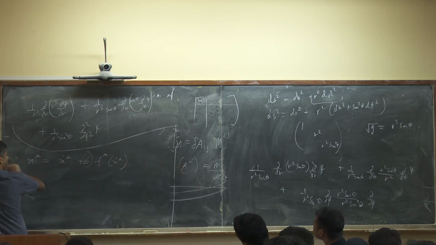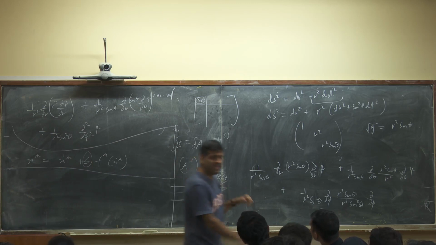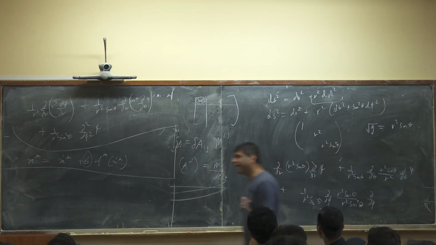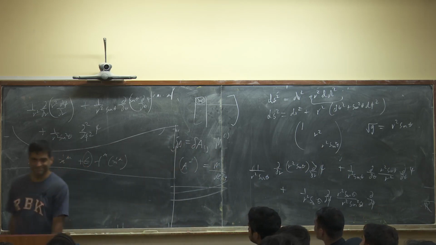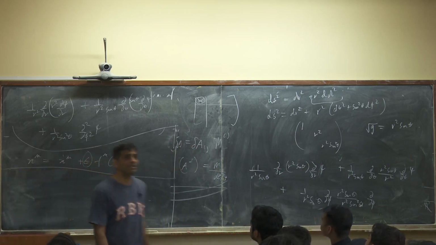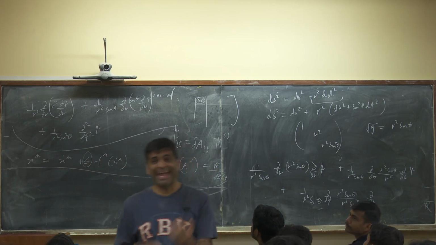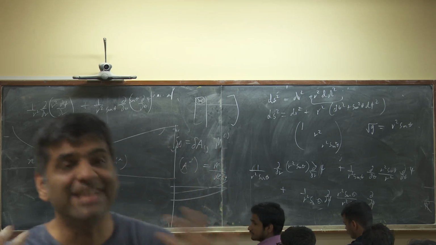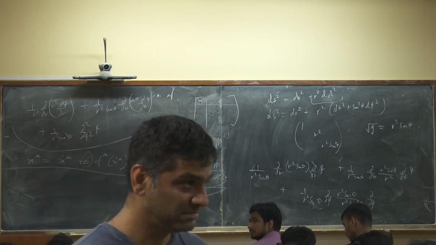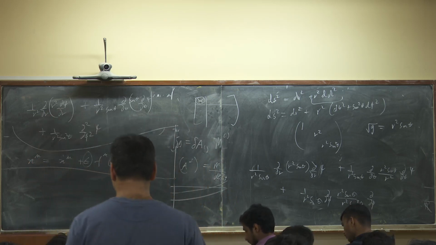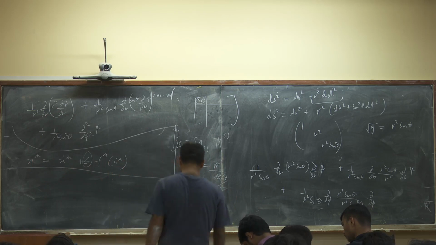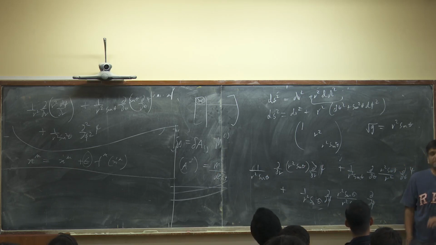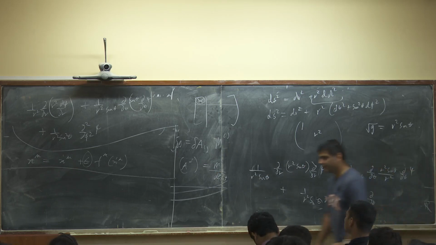Now, given a field in space-time, it is sometimes useful to ask the following question: how does that field change when you make this coordinate transformation? So let's work out the answer to this question first for a scalar field.